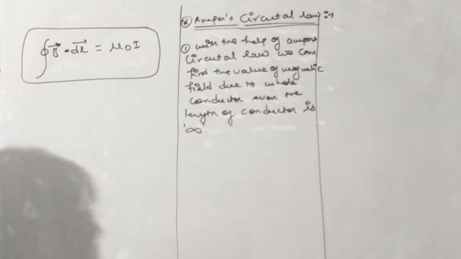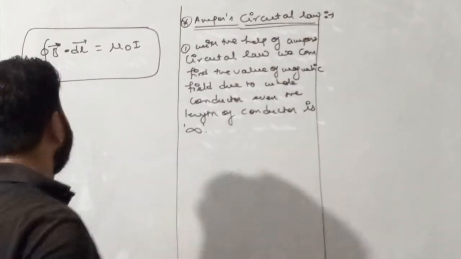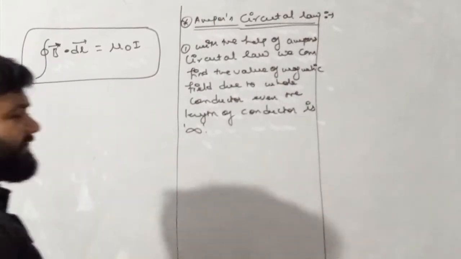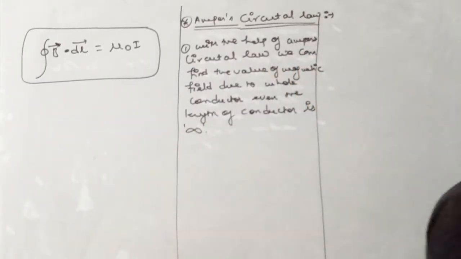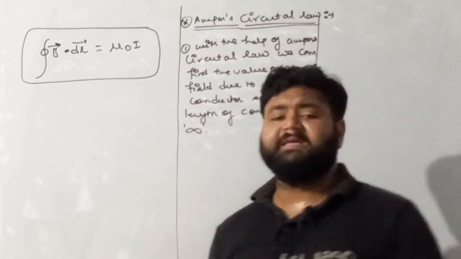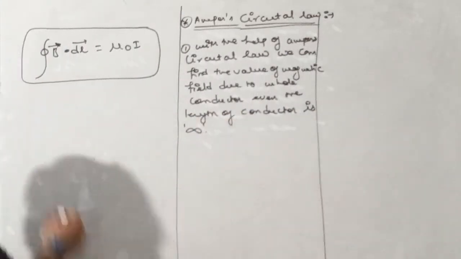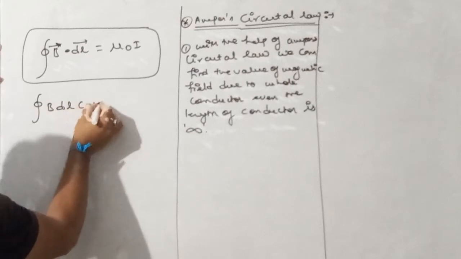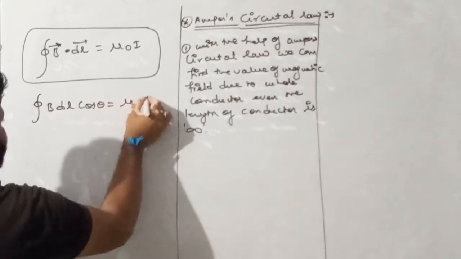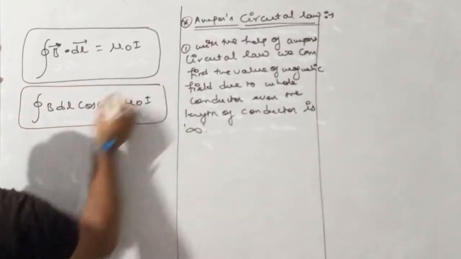If we open this, we get the formula B dl cos theta equals mu naught I.